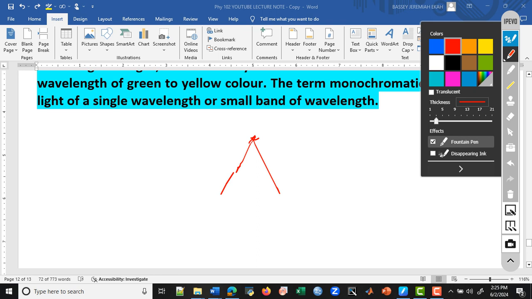You see that it will travel at different wavelengths. So you see light travel at different wavelengths and frequencies. So the separation of white light into different colors is referred to as dissipation. When light is separated into different colors, you have the following.